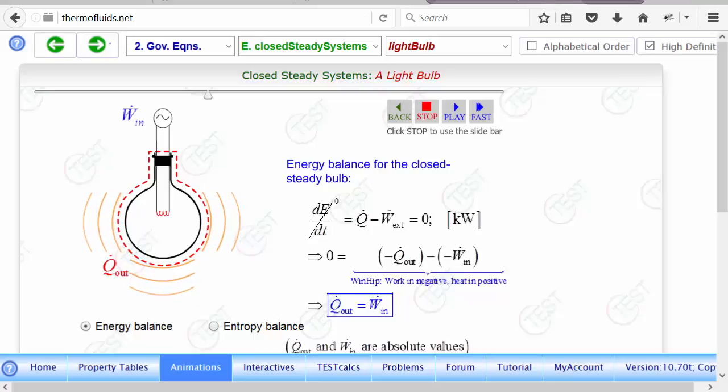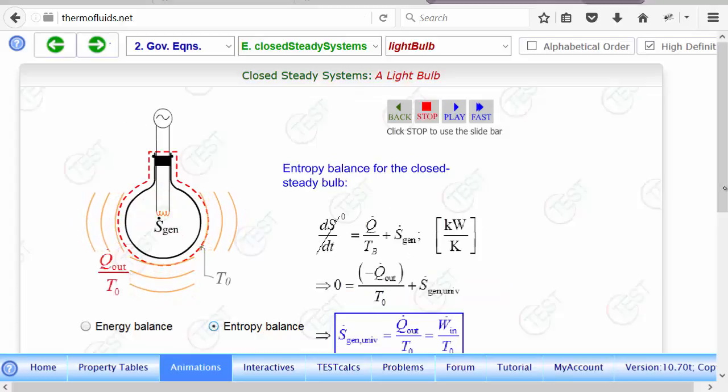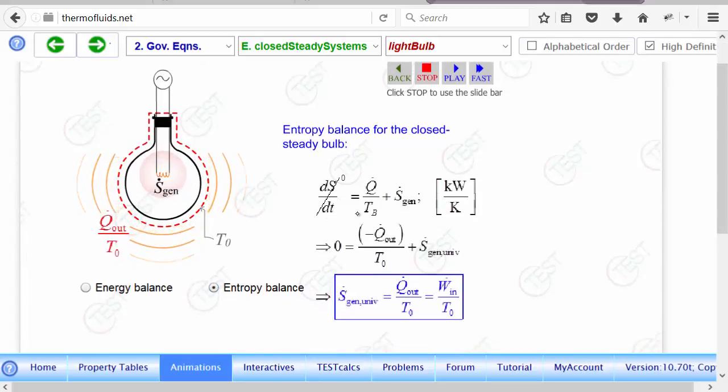Let's see how the entropy equation will look in this particular case. Again, the dS/dt goes to 0, as we explained already. And instead of Q dot, we are substituting negative Q dot out. That's like a number. Suppose 1 kilowatt of electricity was coming in; 1 kilowatt of heat must be leaving in the case of steady state, so this will become -1.